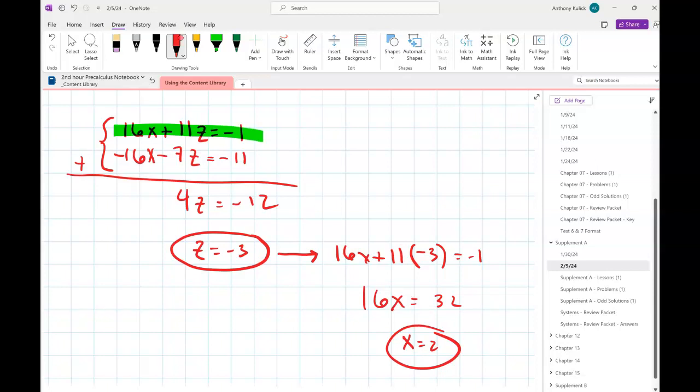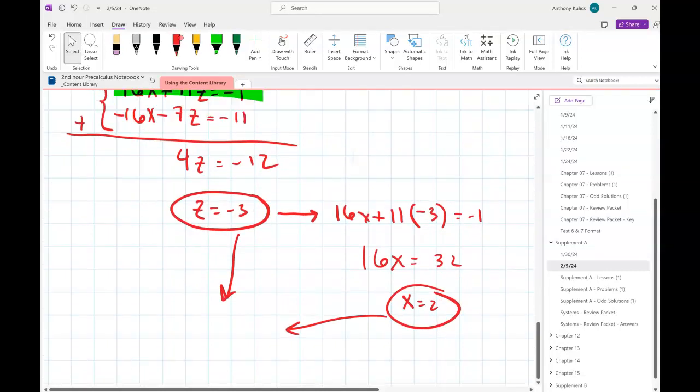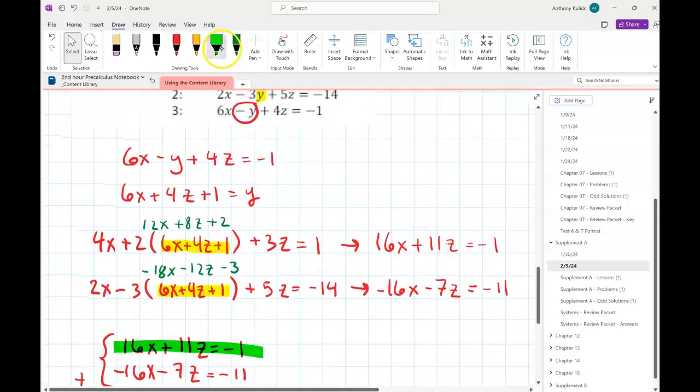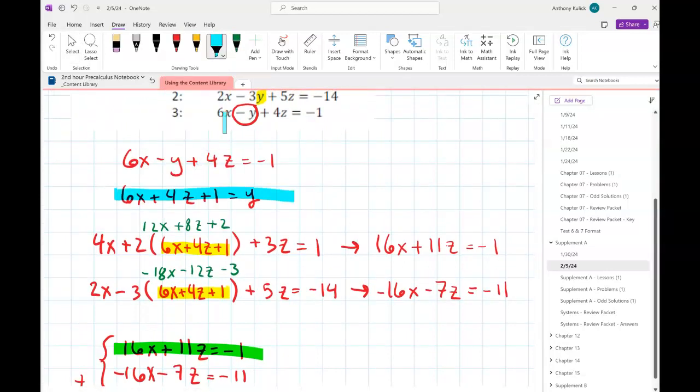What do I do to find my last part of my answer? I take both of those and plug it into someplace, one of the three variable ones. The one I would choose is that one where the y is already by itself.